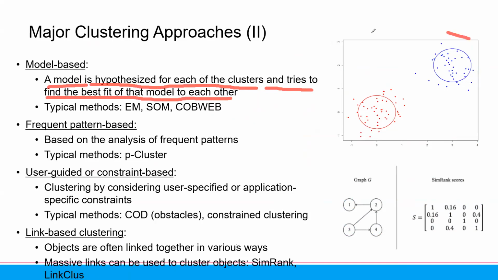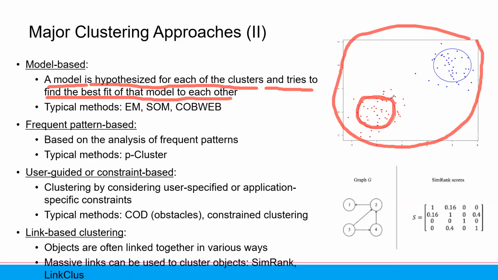So I have this data, and I assume this is the model. I move the circle and check how many data points are in the circle. If the data in the circle is the highest, then we choose this cluster. We call this model-based. There are methods like EM, SOM, and so on.